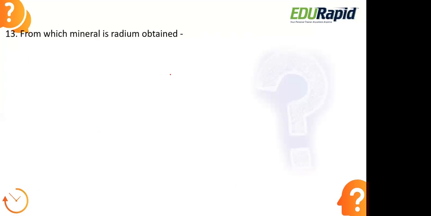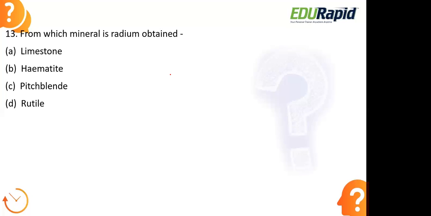From which mineral is radium obtained? Limestone, hematite, pitchblende, rutile.